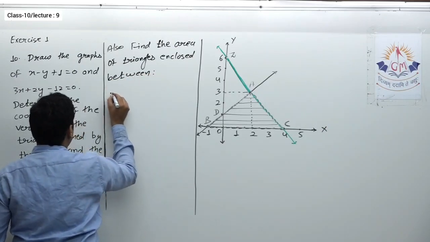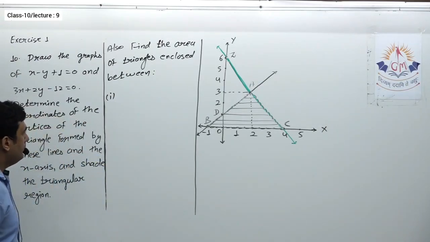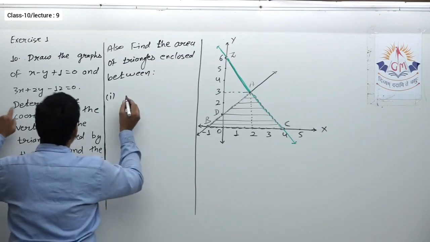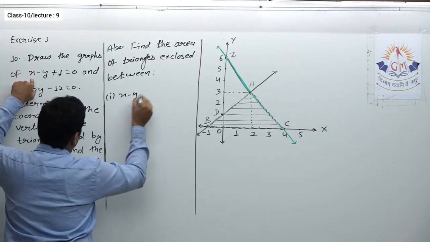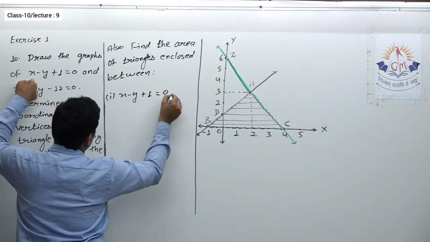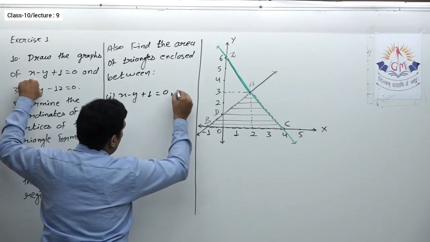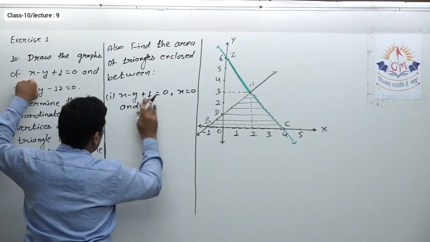Now in this first one, enclosed between what? Between x minus y plus 1 equal to 0, comma x equal to 0 and y equal to 0.